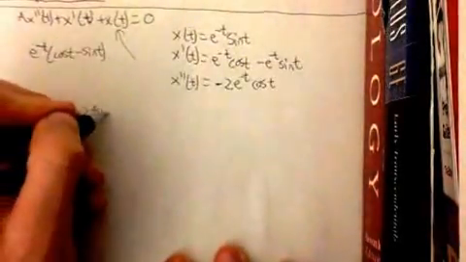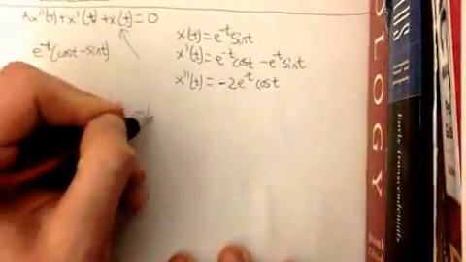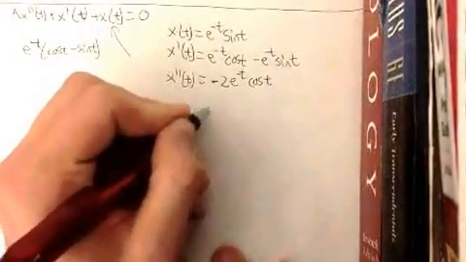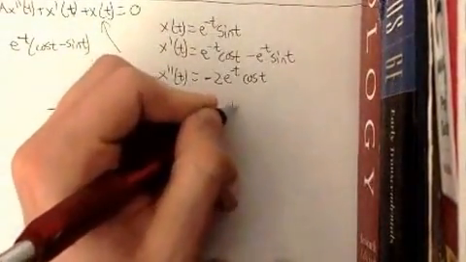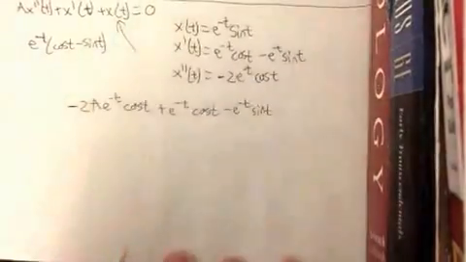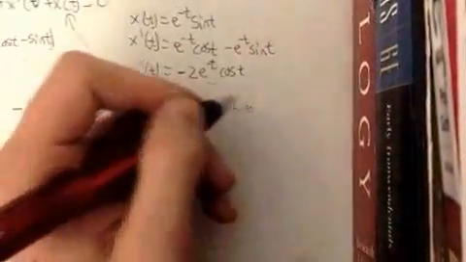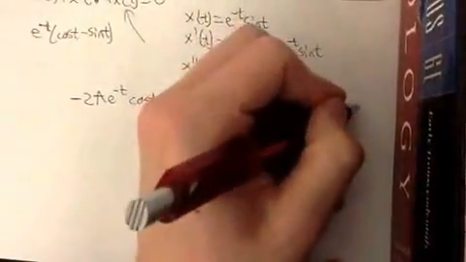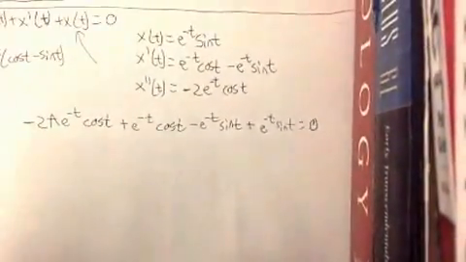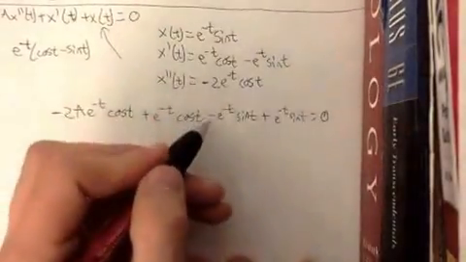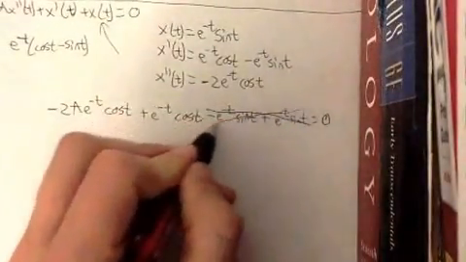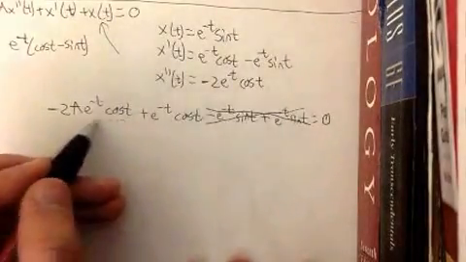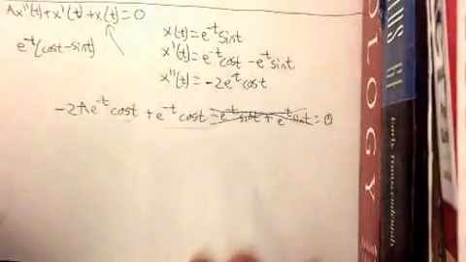Alright, so now plugging that back into this equation, we have negative 2a e to the negative t cos t plus e to the negative t cos t minus e to the negative t sine t plus x of t, which is e to the negative t sine t, equals 0. So we want to solve for a there. We know this stuff cancels out. Then we can swap the sides of one of the terms.